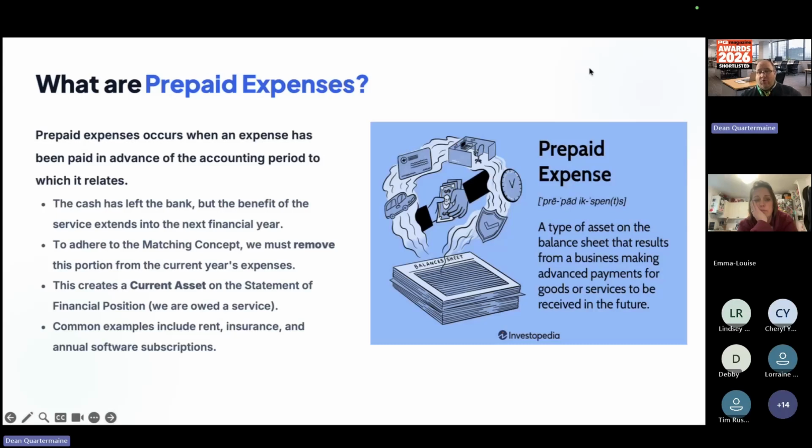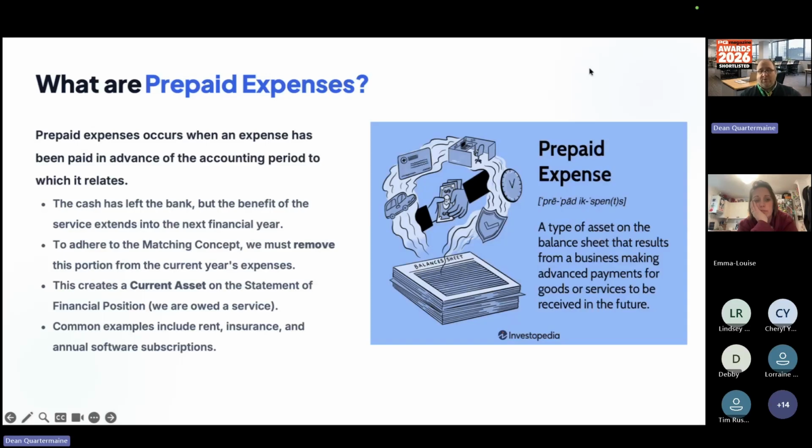We must remove the portion of expense that doesn't belong in the current financial year. Yeah. So you're going to remove the bit that's in the next financial year. You're going to remove that from this year's expenses because it's not an expense that belongs in this year. Yeah. So that's going to do two things.